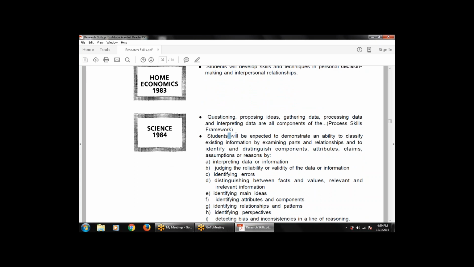Then a student will also be expected to demonstrate an ability to classify existing information by examining parts and relationships, and to identify and differentiate the components.